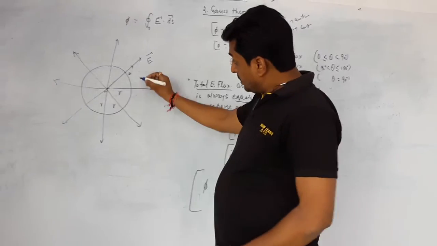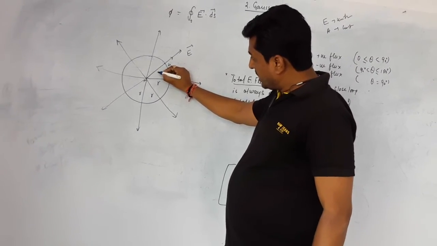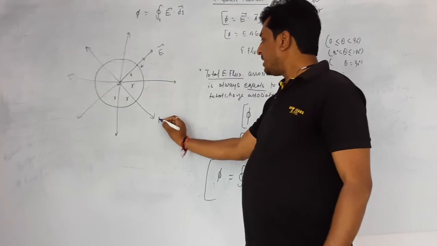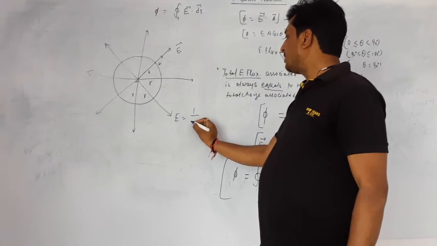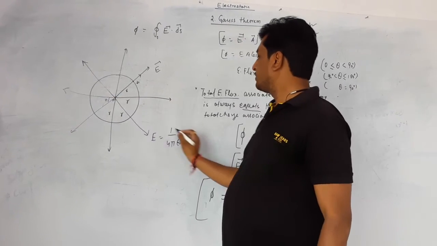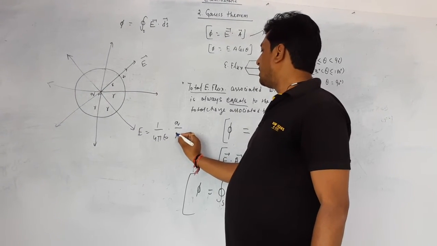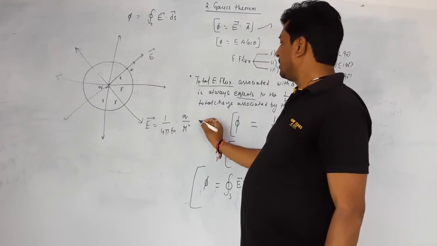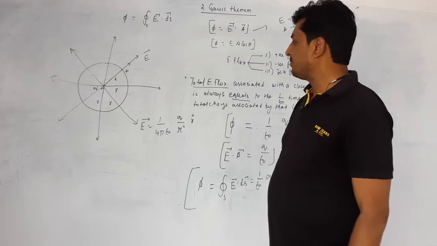Now, this point is at r distance from here. So here intensity will act. So that intensity E will be 1 upon 4 pi epsilon naught, charge Q divided by r square. If you want to write in vector form, then here let the unit vector be r cap.